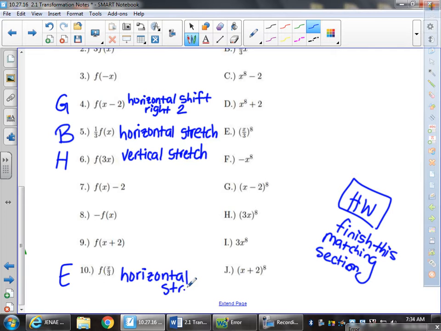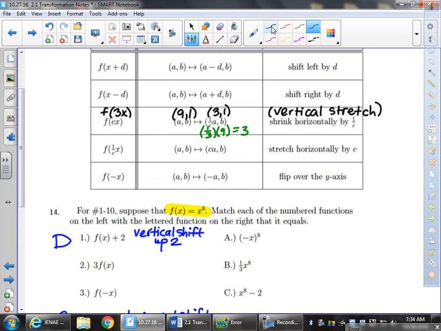And let's go make a connection back up to the table. Here, the language matches much more directly: horizontal stretch, stretch horizontally. So how come it just didn't say stretch vertically for the other one? It could have. Her question was, why could this not have just said stretch vertically? Because whoever made this table as part of notes decided to use that vocab. But now that we visualize, it means the same. Very good.